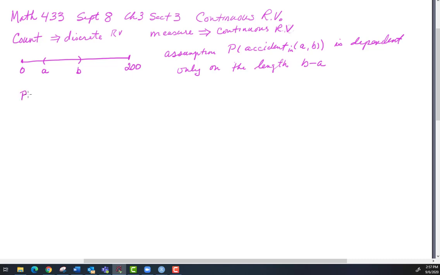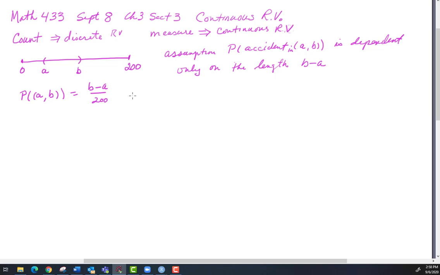If we use that definition and assumption, the probability that we're going to have an accident in the interval AB, and I want to adopt this notation for the probability we have an accident in AB, I'm just not going to write all those words out, would be B minus A over the length of the highway, 200, using our assumptions in the classical definition of probability.